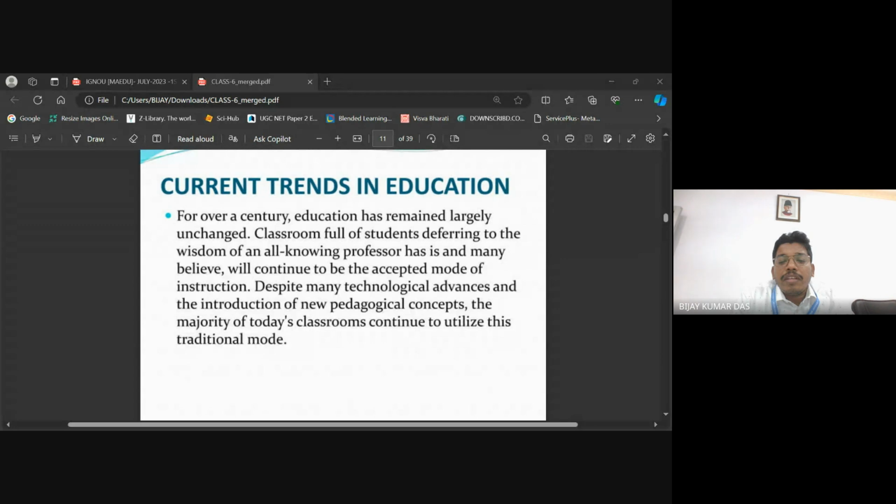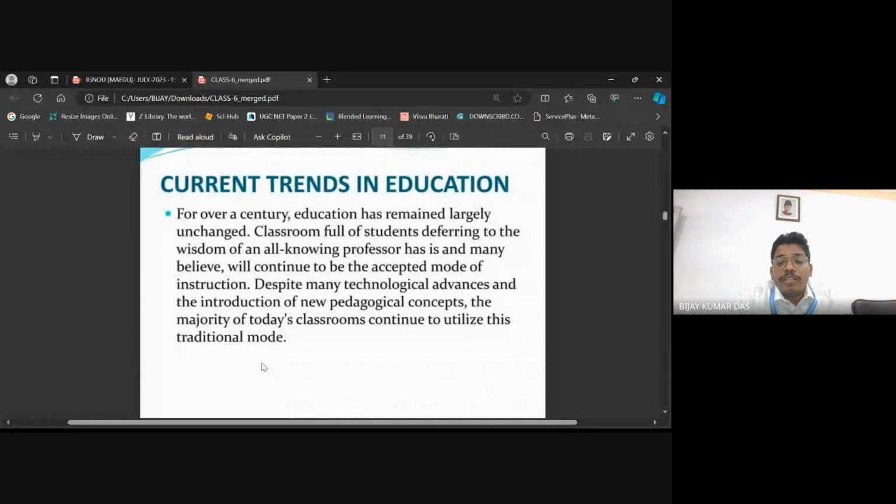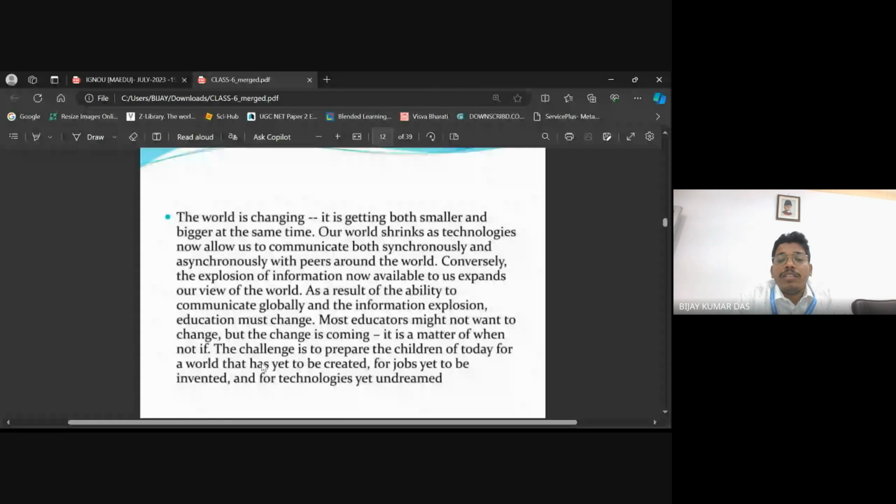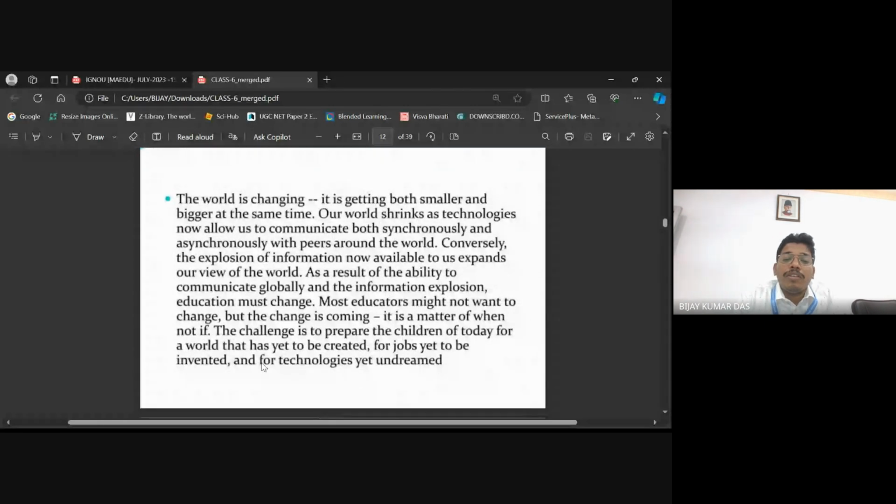Despite many technological advances and the introduction of new pedagogical concepts, the majority of today's classrooms continue to utilize these traditional modes. You know that now we are thinking about new and innovative strategies that should be included, and blended learning and digital learning. So the trend in education is developing day by day. The world is changing. It's going both smaller and bigger at the same time.